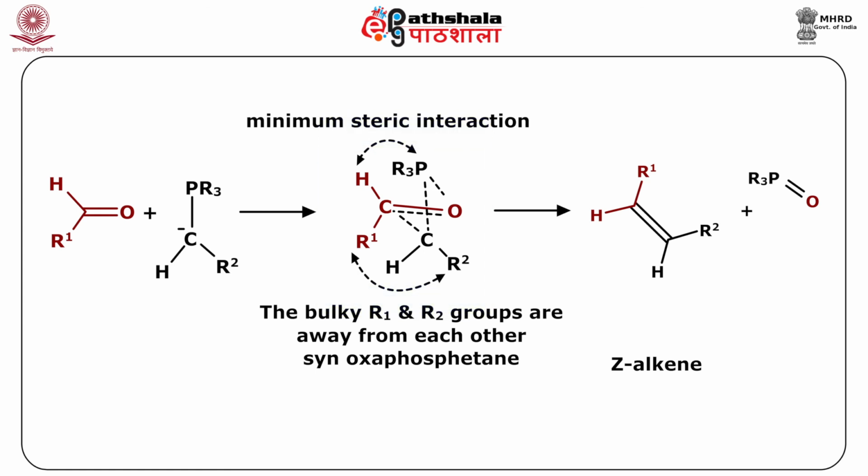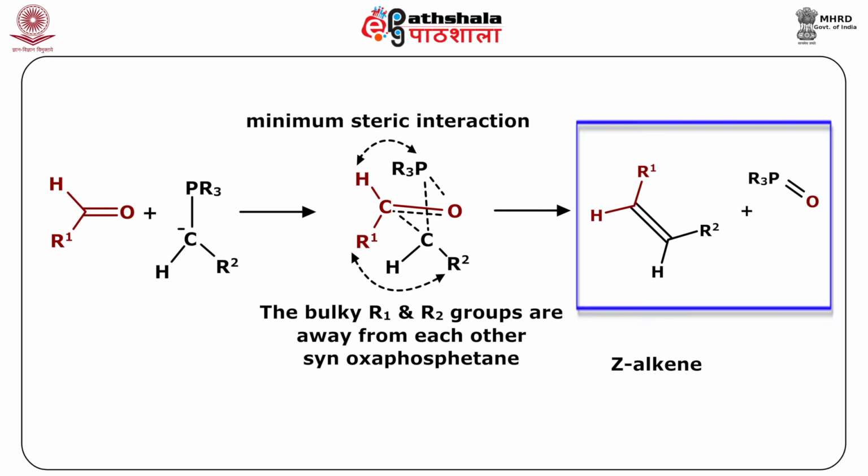The formation of the transition state takes place in a way that the substituents larger in size are kept away from each other and a syn oxaphosphetane is formed. This is unstable, but it forms at a faster rate than the anti-oxaphosphetane possibility. And this finally produces a kinetically controlled Z alkene, as you can see here, as the major product.